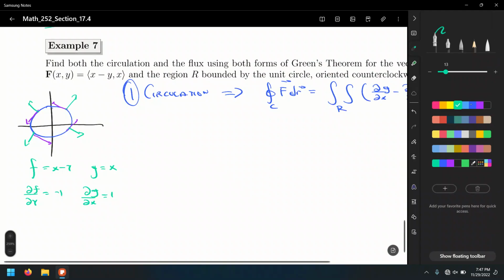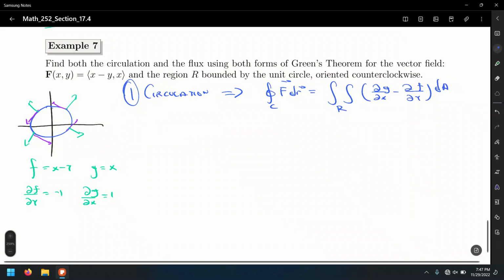Let's evaluate the integral via Green's theorem, the curl or the tangential form. This will be the double integral over R of 1 minus -1 dA. Do we even need to set up the double integral? Not really, because we can just take out that 2 and leave it in terms of area.